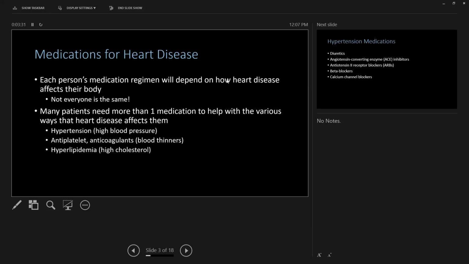Then we'll talk about some medications that work within the clotting cascade, so they affect how quickly our body creates a clot. Those are drugs like antiplatelets, such as aspirin, or anticoagulants. And then, of course, we have to talk about drugs that treat high cholesterol, or hyperlipidemia. We'll go ahead and start out with hypertension medications.